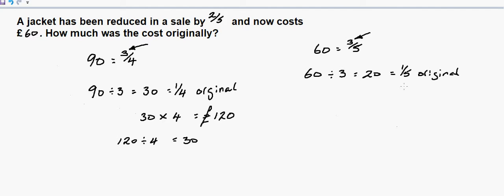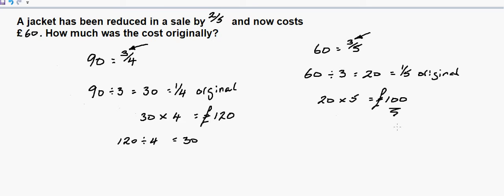So I know there's 5/5 in 1, so 20 multiplied by 5 gives me £100, and that was the original price.